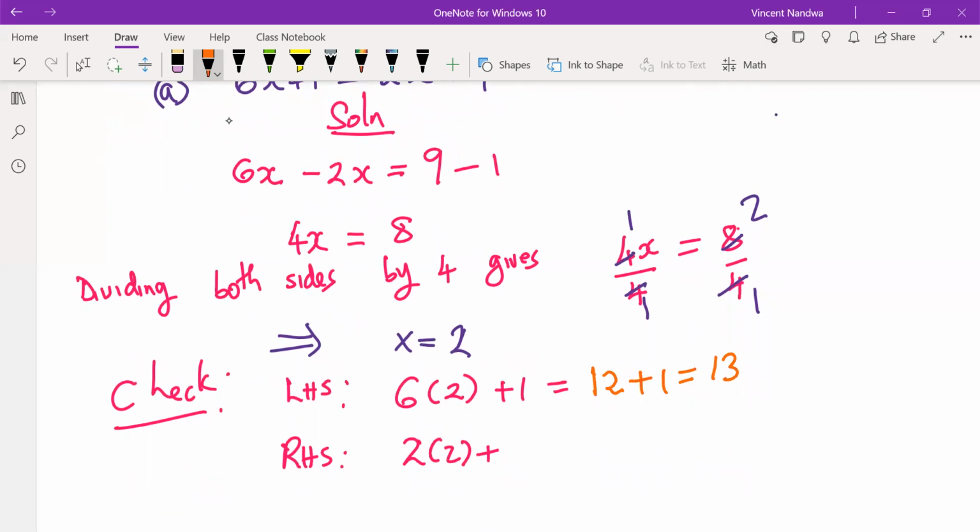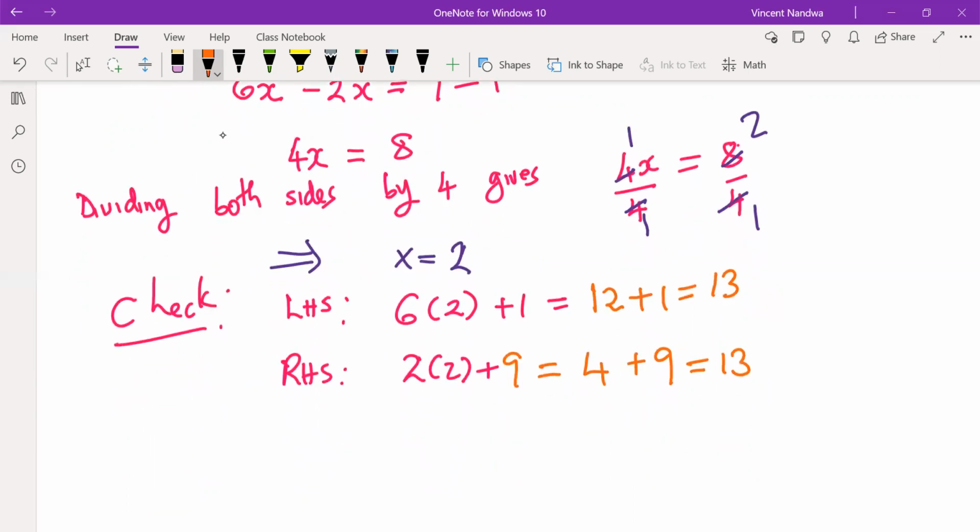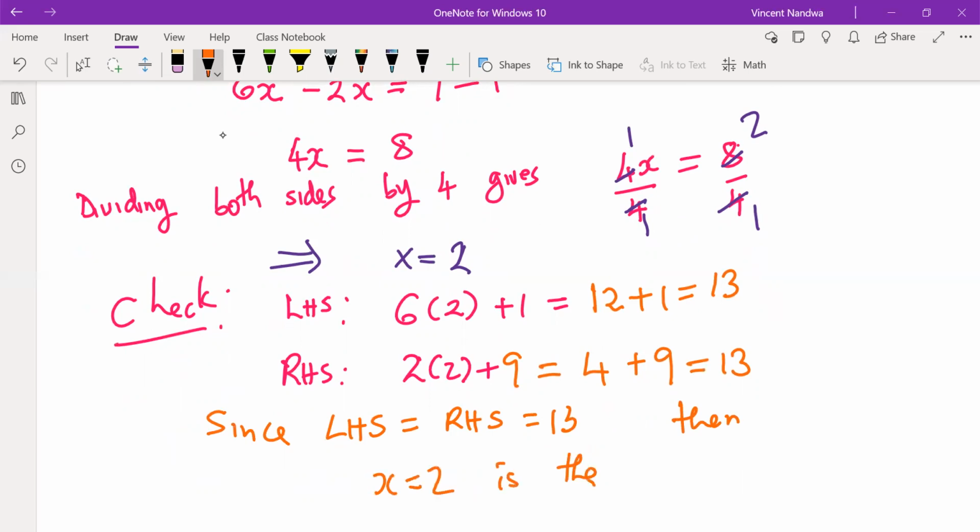So 2 by 2 plus 9. 2 by 2 is 4. 4 plus 9, which is 13. Now, since left-hand side equals right-hand side equals 13, then x equals to 2 is the solution. So that's how we do the checking.